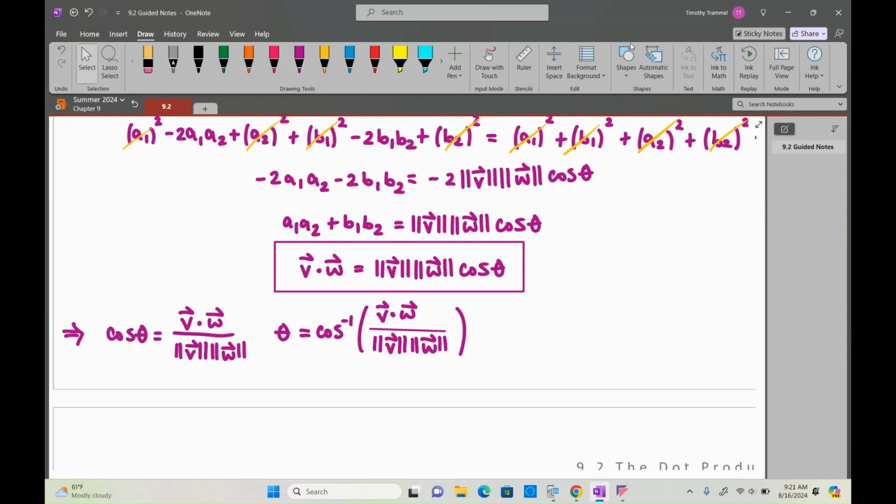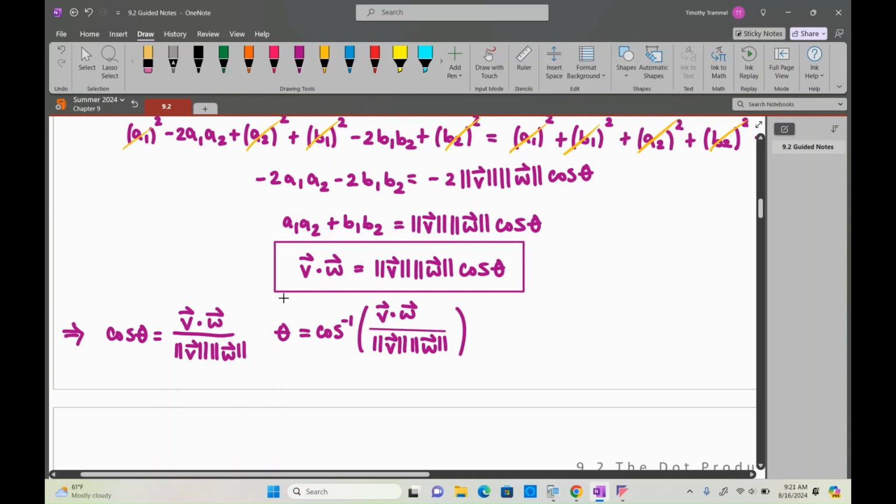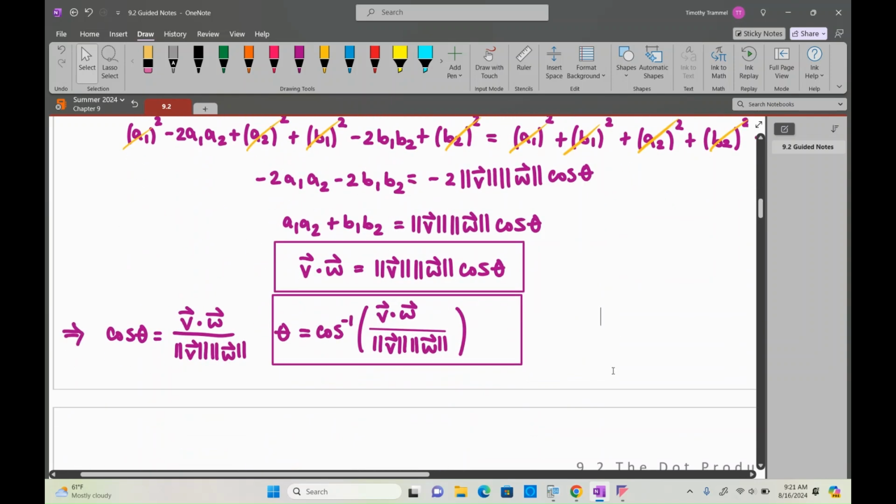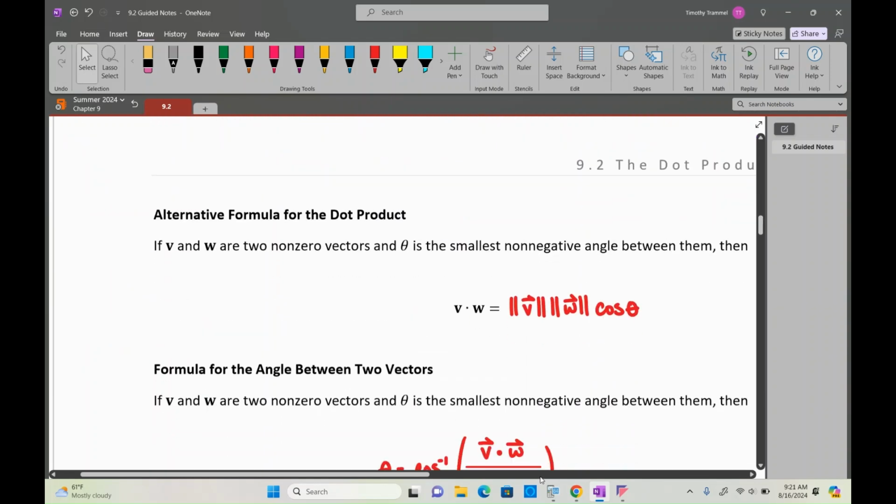And I'll go ahead and box this one here too. And so I have these on the next page. These were the two formulas we were looking for.